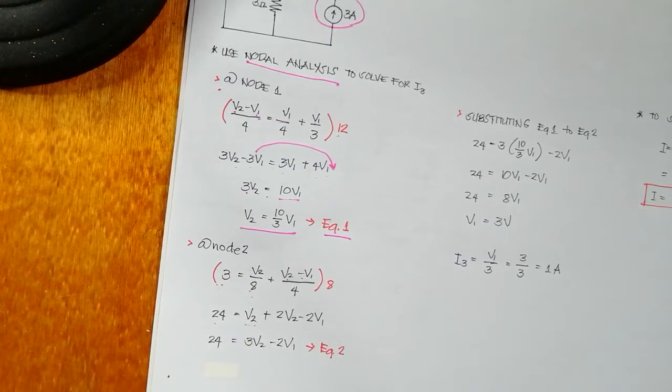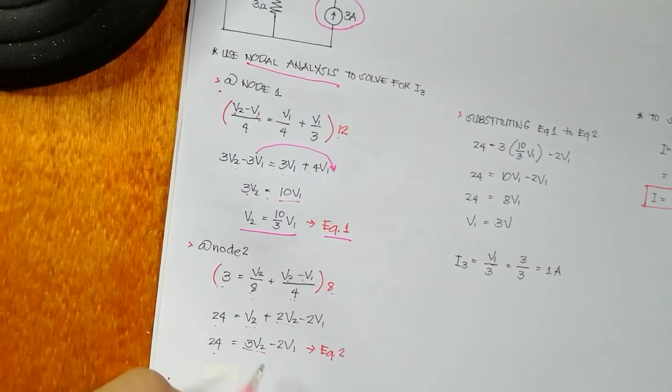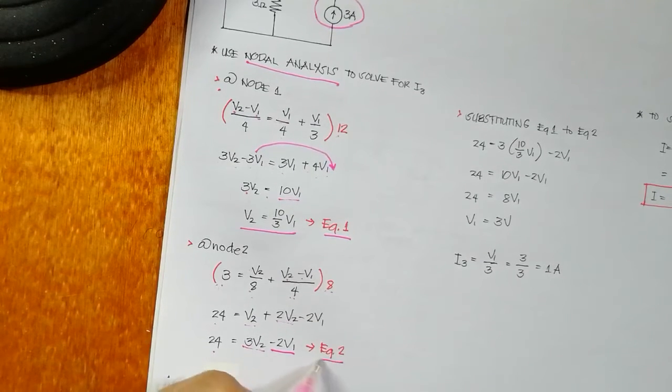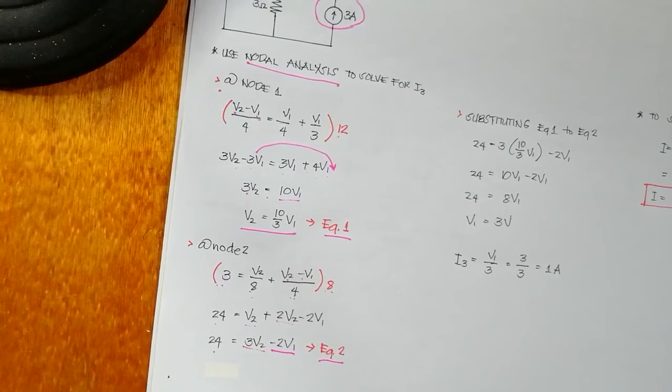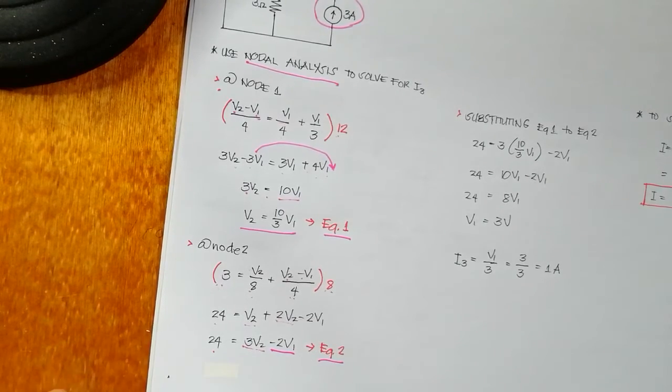So we have V2. Then 8 divided by 4 is 2. So we have 2V2. Then negative 2V1. Simplifying, we now have 24 is equal to 3V2 minus 2V1. Then label it as equation 2.